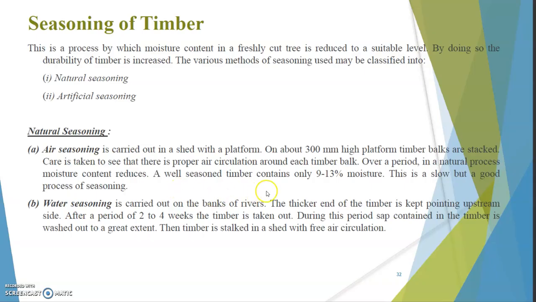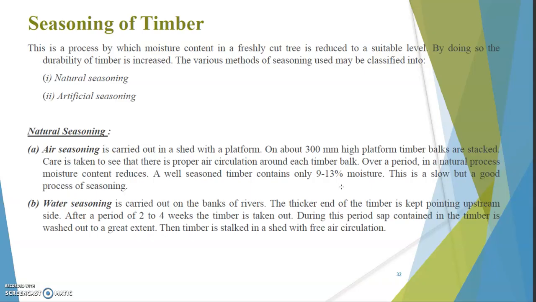A well seasoned timber contains only 9 to 13 percent moisture. For example, if you cut down a tree into a 1 meter length of timber piece, and assume it has 100% moisture content, that has to be reduced to at least the 9 to 13 range.